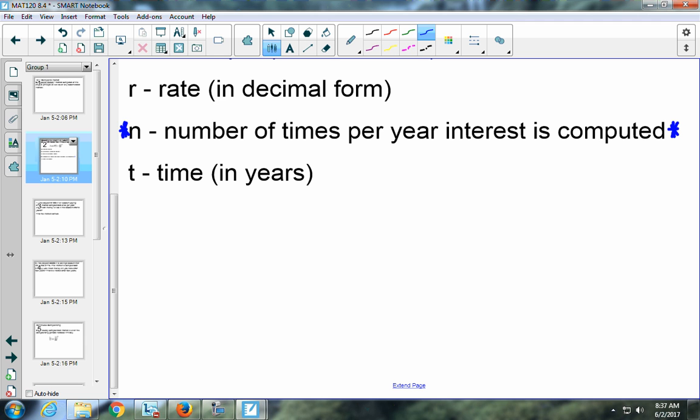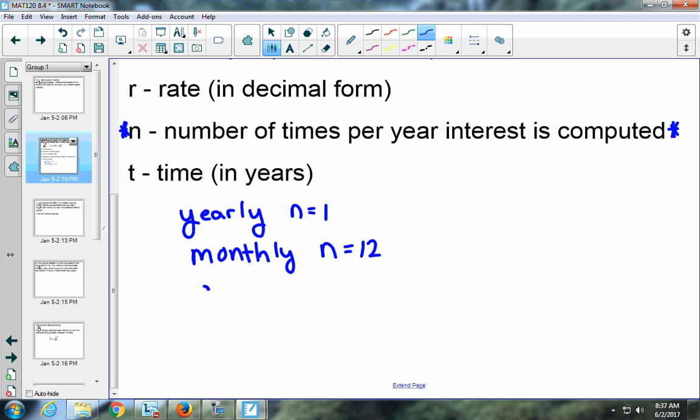We need to look for some key words in our problems to figure out what our N actually is. If they tell us that the interest is computed yearly, then that means that N equals 1. If they say it's compounded monthly, well, there's 12 months in a year, so our N equals 12.